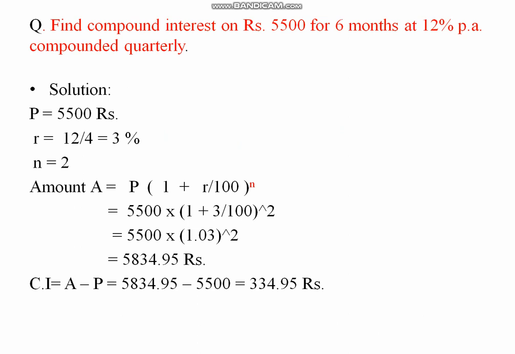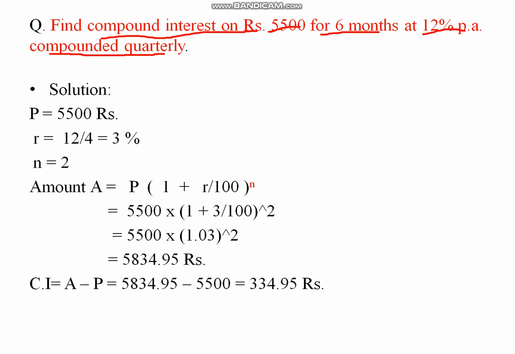So see the example. Find compound interest on rupees 5,500 for 6 months at 12% per annum compounded quarterly. Compounded quarterly means in 1 year there are 4 periods.